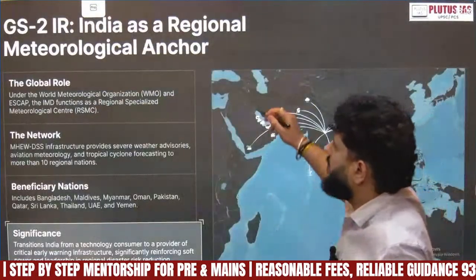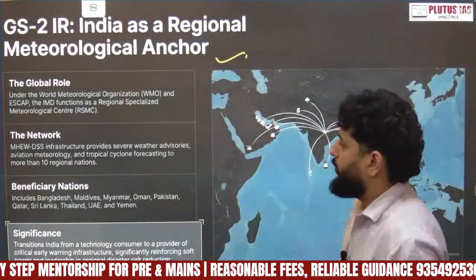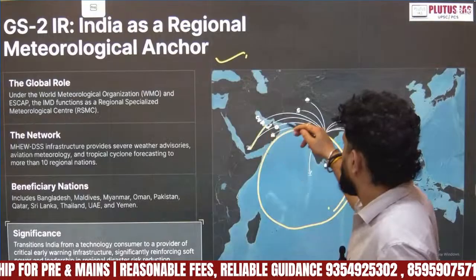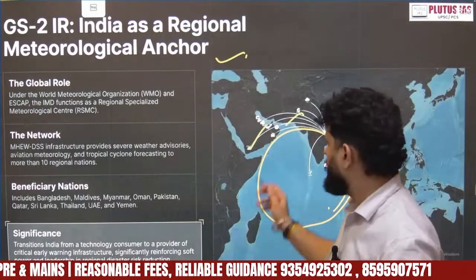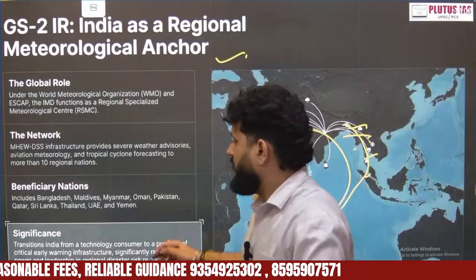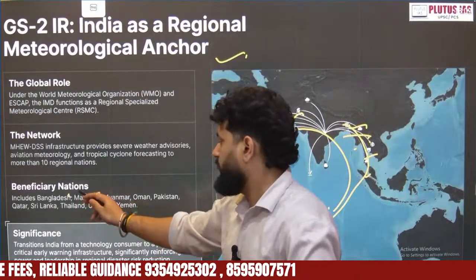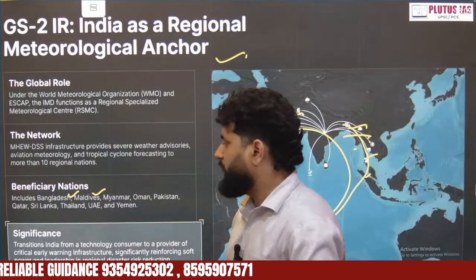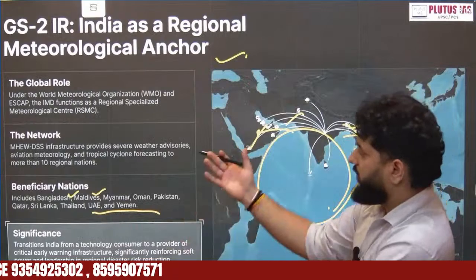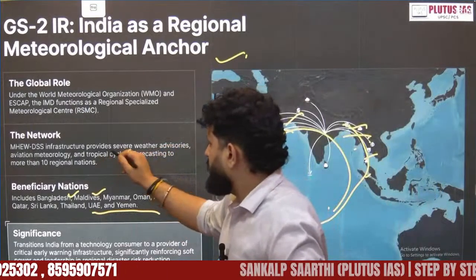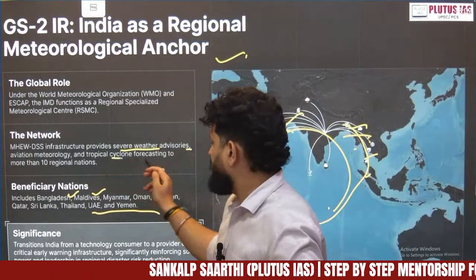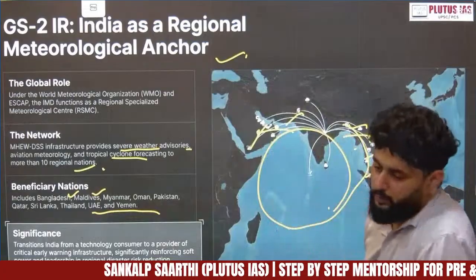Now, India's regional meteorological angle. India is connected to the Indian Ocean with other nations, like West Asia, on both sides, right? Beneficiary nations include Bangladesh, Maldives, Myanmar, Oman, Pakistan, Qatar, Sri Lanka, Thailand, UAE, and Yemen. The network infrastructure serves weather advisories and tropical cyclone forecasting for more than 10 regions, which we wrote a little while ago.